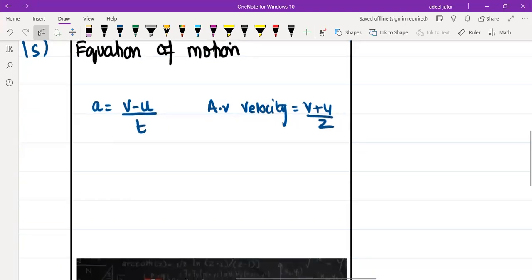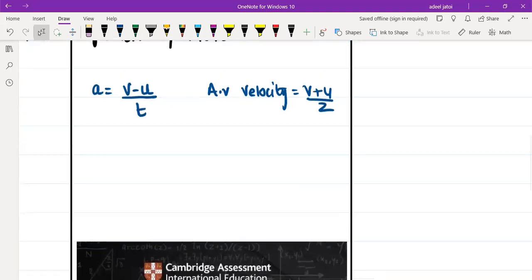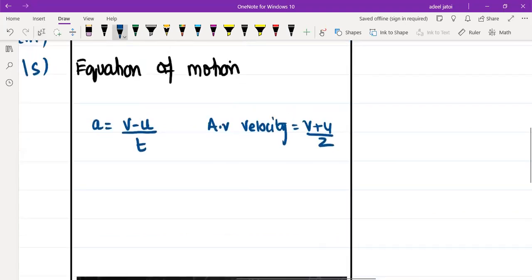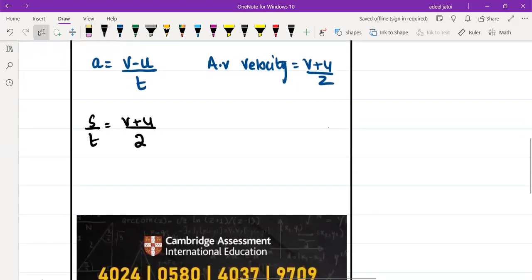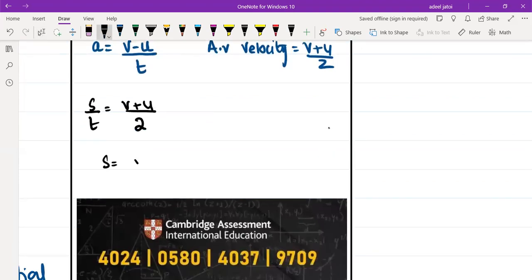So v plus u upon 2 is your average velocity, which means S upon T is equal to v plus u upon 2. So S is equal to v plus u upon 2 multiplied by t.